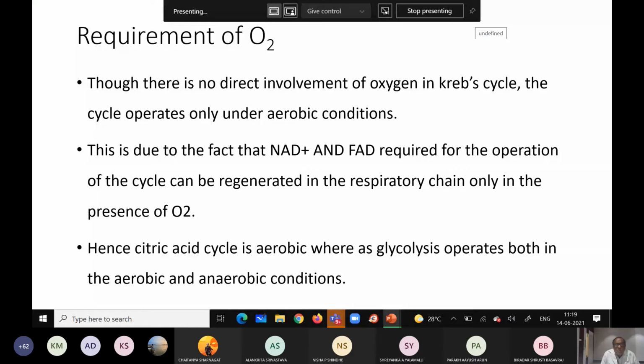This is because NAD and FAD are required for the operation of the cycle. They can be generated from the respiratory chain only in the presence of oxygen. Hence, it is said that the TCA cycle works only under aerobic condition.